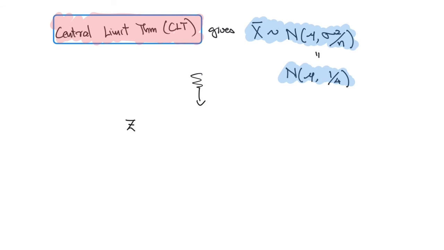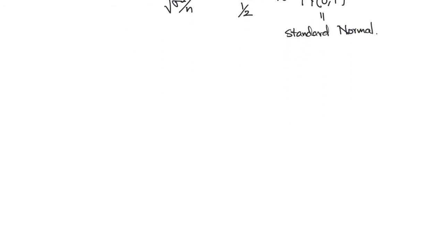As a result, we have the following standard normal random variable, given by x bar minus mu divided by the square root of sigma squared over n, which is equal to x bar minus mu divided by half. We now calculate the probability that mu lies inside the closed interval x bar minus 1 comma x bar plus 1.